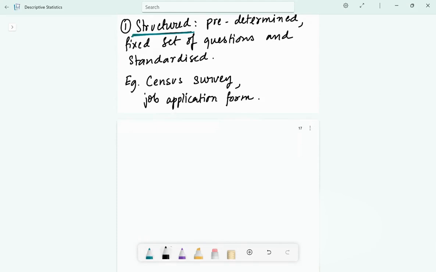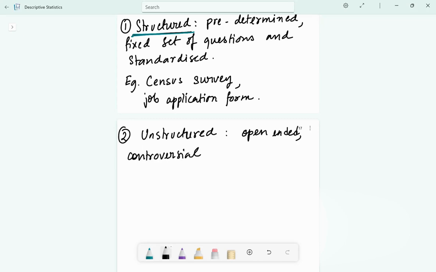Now coming to the next topic, which is unstructured. What is unstructured? It will be open-ended and controversial. When a discussion is open-ended, it is controversial because both the parties are not coming to a simple point which is agreeable to both the parties.